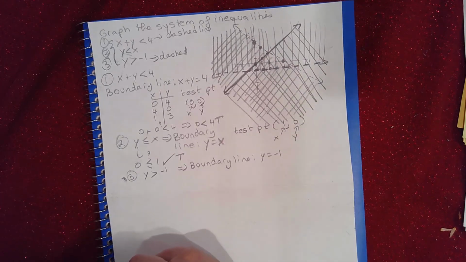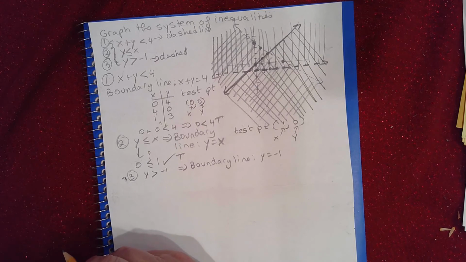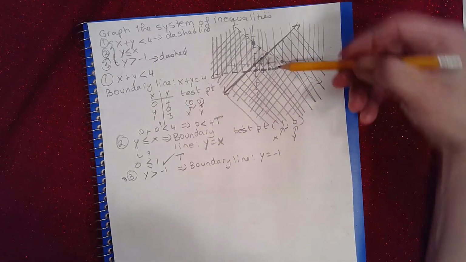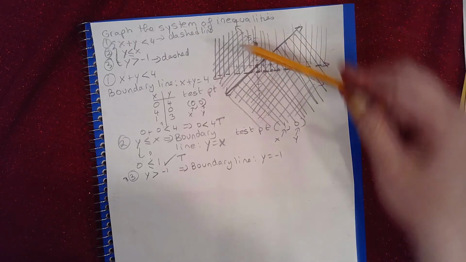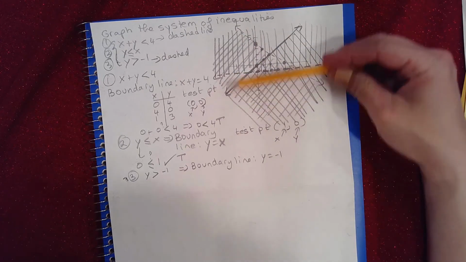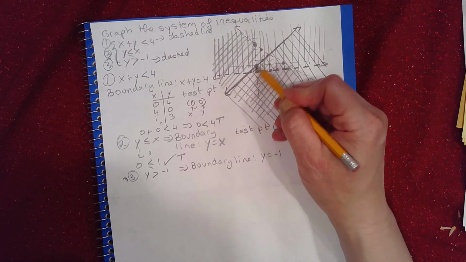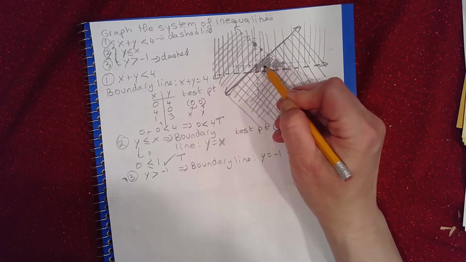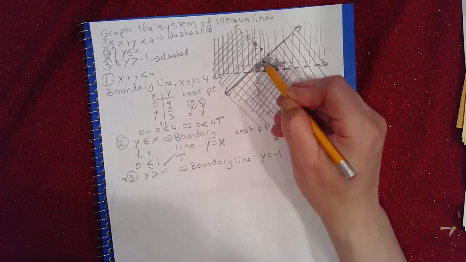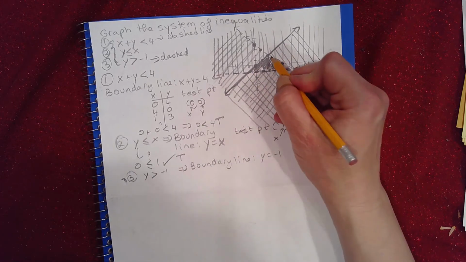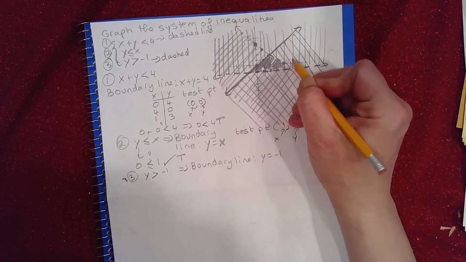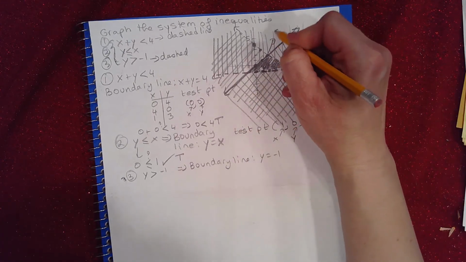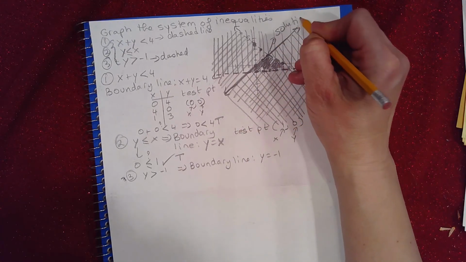If you take a look at the graph, you realize the shaded area in all cases is below this line, below this line, and above this one. It looks like a triangle. Here's a solid line, this is a dashed line right here, and here a dashed line. So right here is the solution of the system.